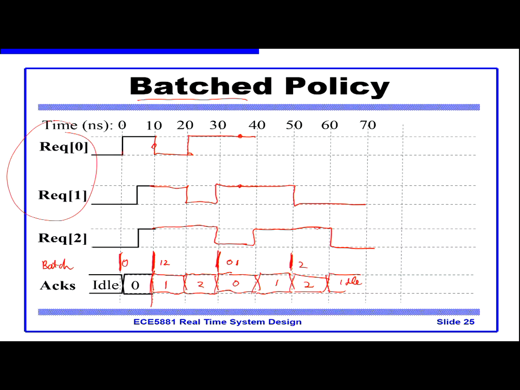So if request 0, for example, is pretty persistent and keeps re-requesting, then it's going to get serviced every second batch, because it's the top priority. And in those other batches, request 1 will be serviced at the start. So you'll find that requests 0 and 1 can have a higher allocation than the other requests in a more complex situation.